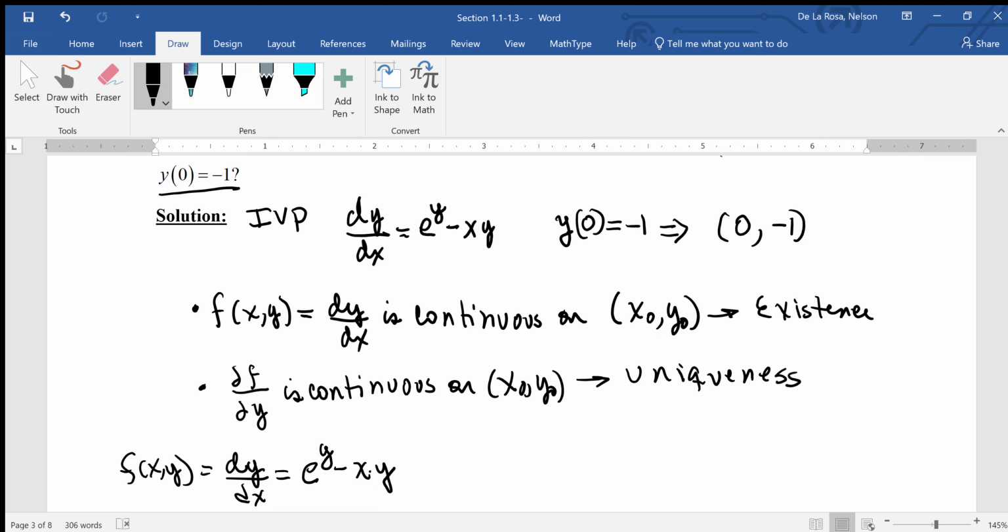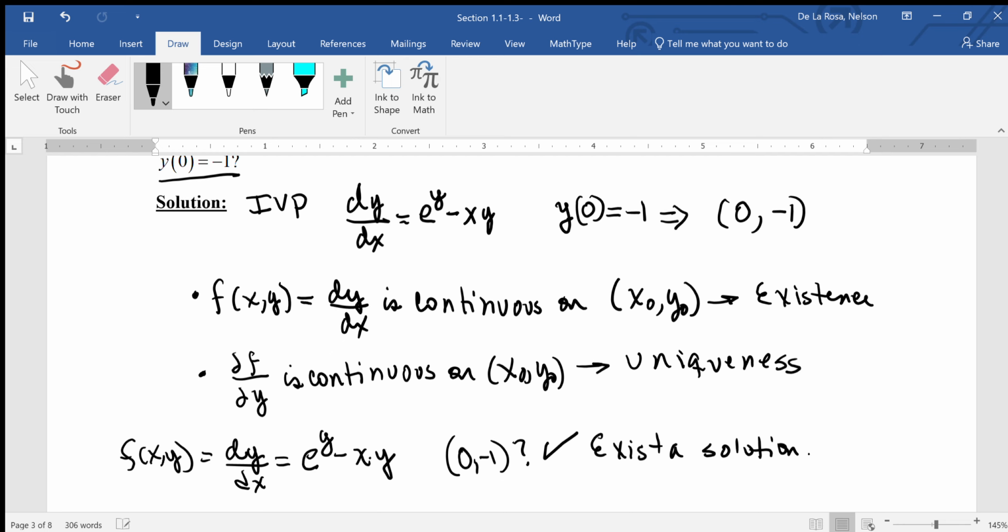So the question is, if we plug the point 0, -1 in this equation, is the equation undefined? The answer is no, because if we replace x by 0 and y by -1, then we don't get any undefined expression. So this condition is met. So a solution exists.